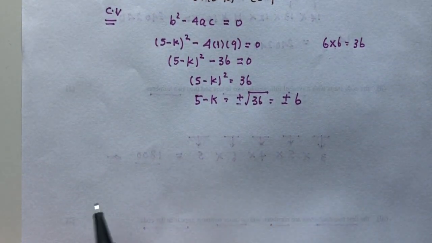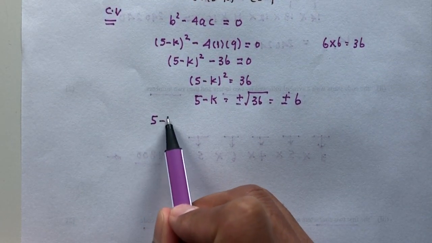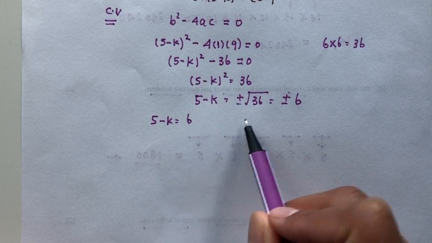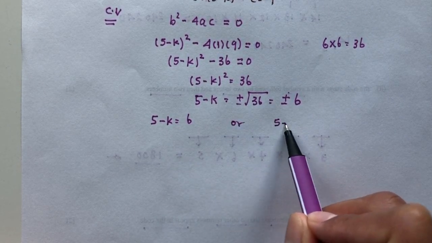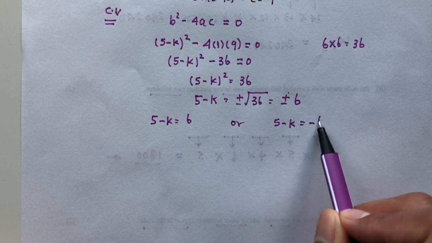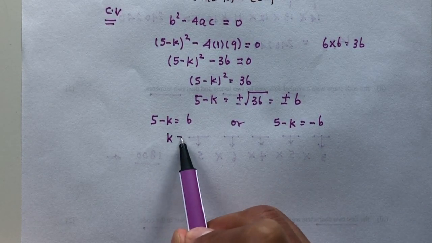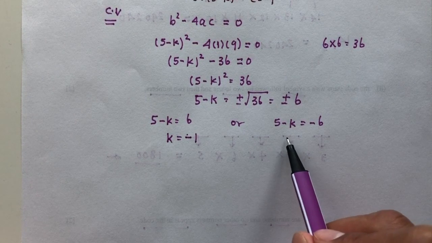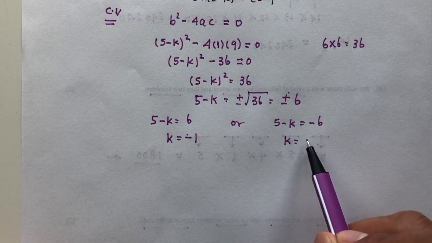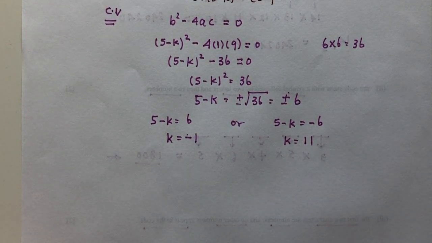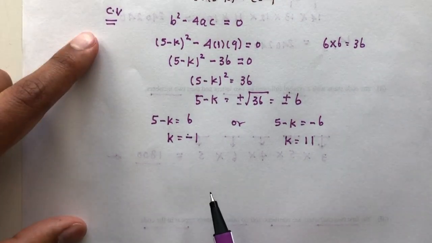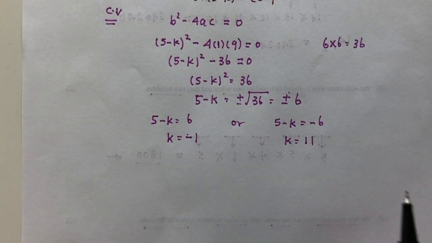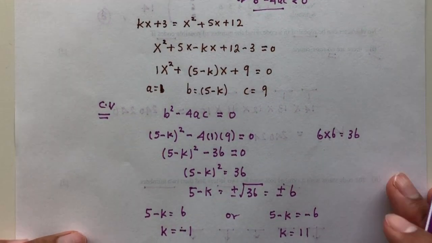So now let's find the two possible values for k. So 5 minus k can be plus 6, or 5 minus k can be minus 6. So k can be equal to minus 1, and k can be equal to 11. So we have those two values of k, which are called the critical values. Now look at this curve.